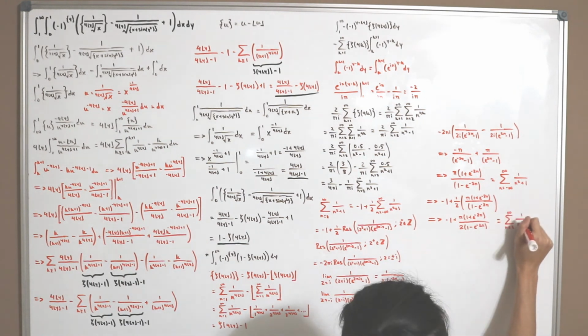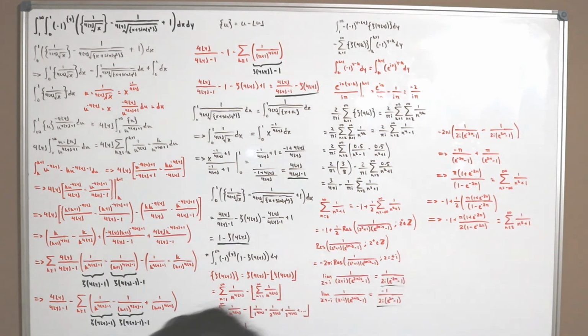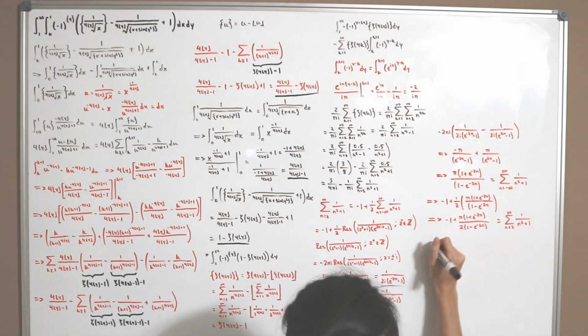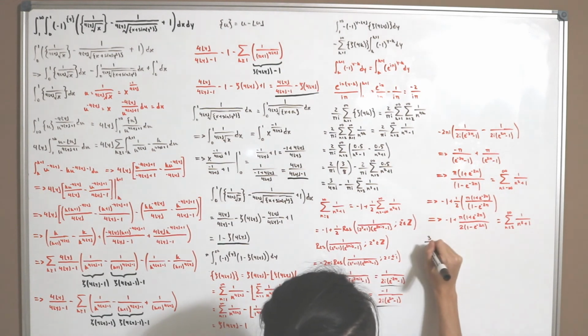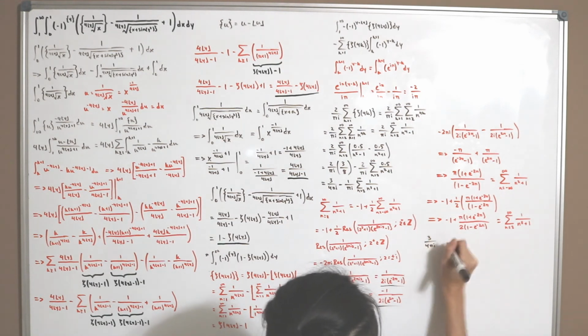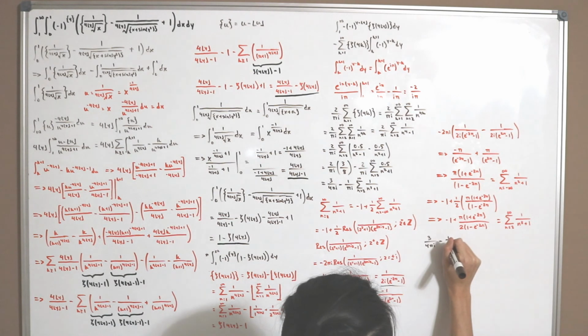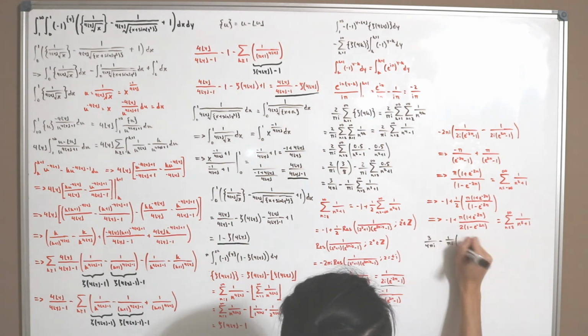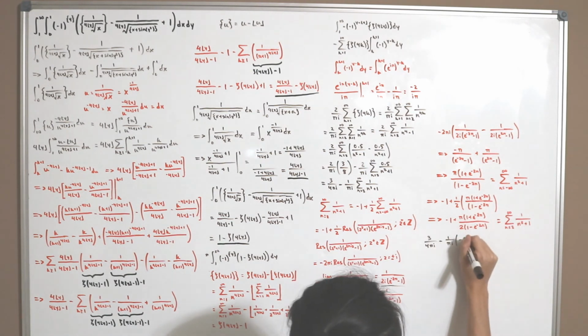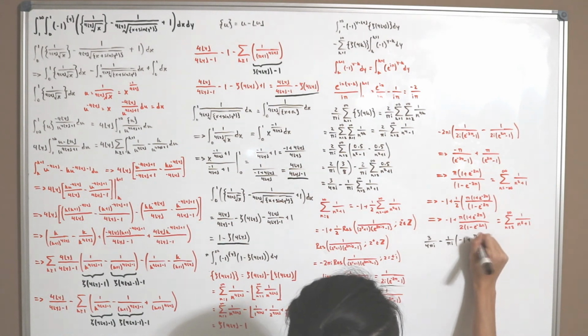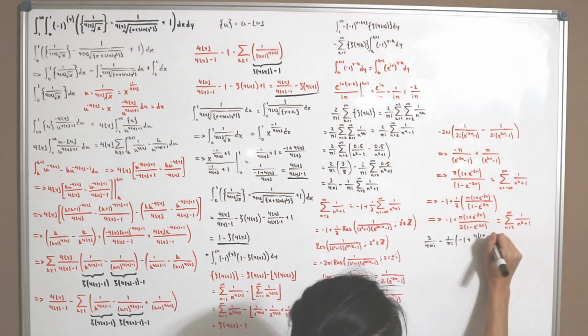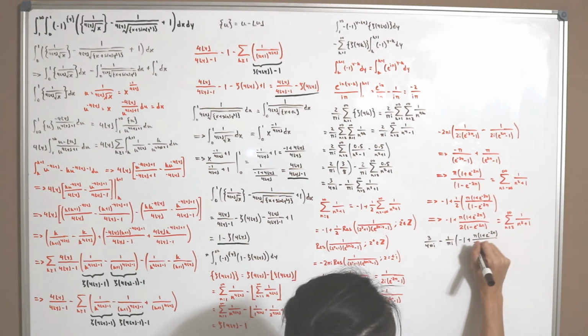Now everything's coming together as one, so we just plug everything back in. So we have 3 over 4 pi I minus 1 over pi times I. Substitute that back in with -1 plus pi, and then 1 plus e to the -2 pi divided by 2 times 1 minus e to the -2 pi.